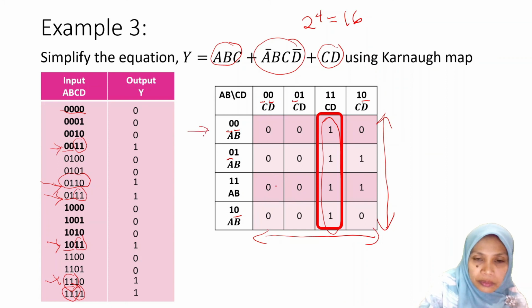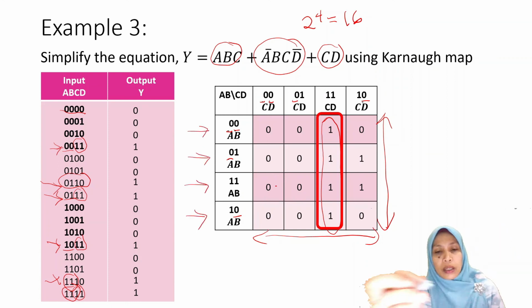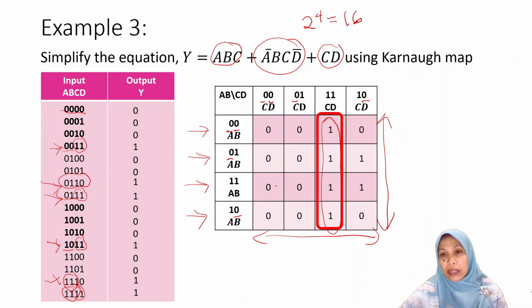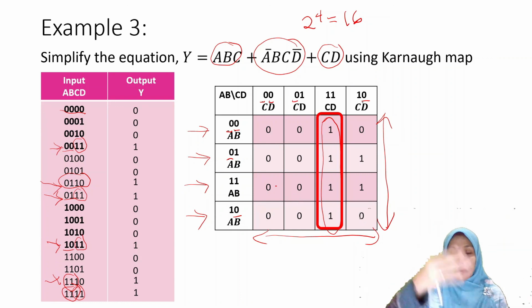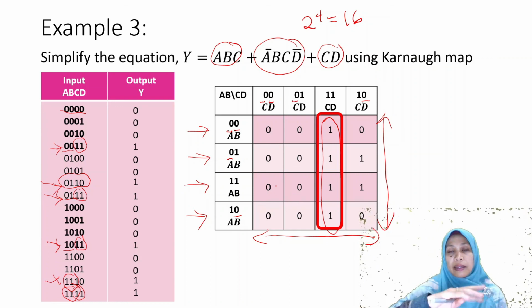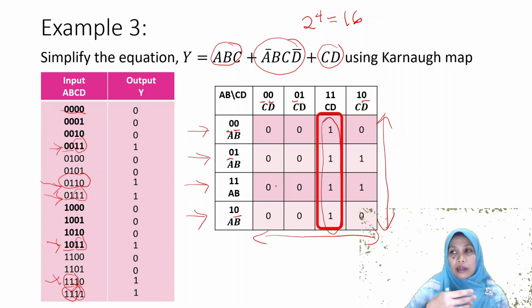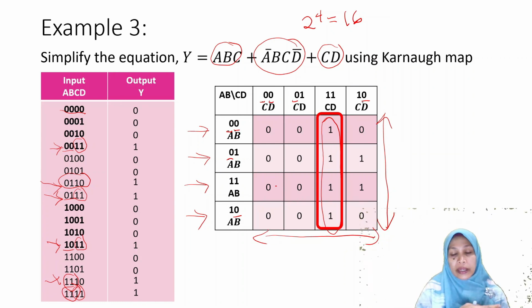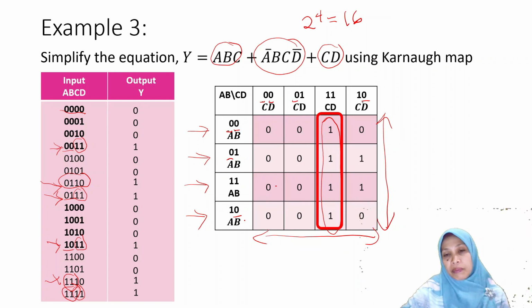This loop covers all rows. Okay, this row, this row, this row, and this row. Okay, when you see this row, look at the variable a. The value here is a bar. This one is a bar. This one is a, and this one is also a. For all the rows, the a is not the same. We have a bar and a. Okay, so we ignore the a. Same with b, we have b bar, b, b, and b bar.